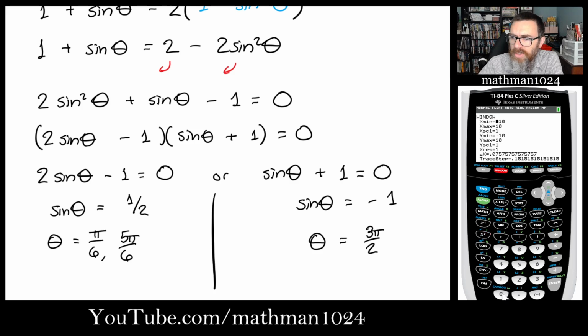For our window, let's go from 0 to 2 pi, because that's what we're restricting ourselves to. And we'll go from 0 to 3. That should get everything for us. So let's see the graph here. Sine's going to dip down to 0. That's going to curve back up to 1. And here is cosine squared.